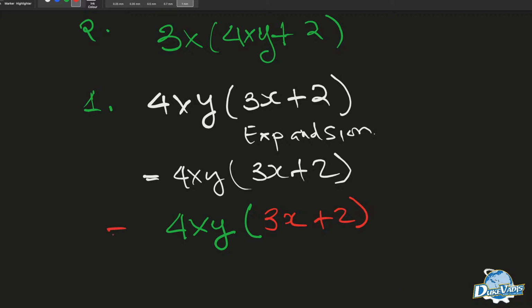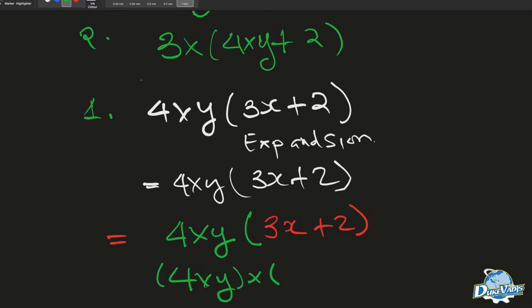Expanding means we have 4xy, in a bracket, multiplying 3x, and the 3x is in a different color so that will help me to understand.